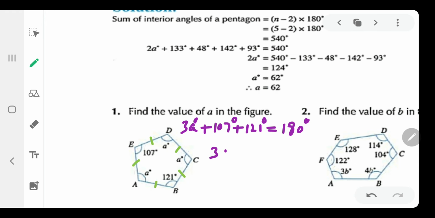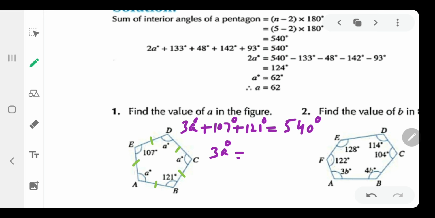So we can find out the value of A from here.